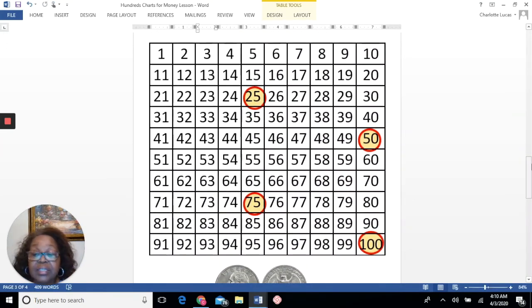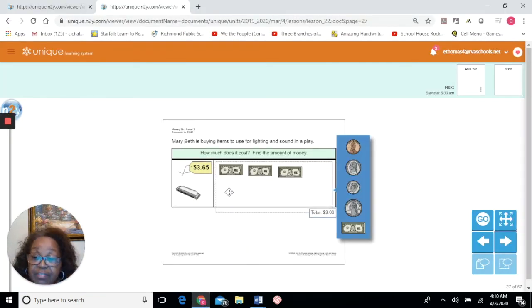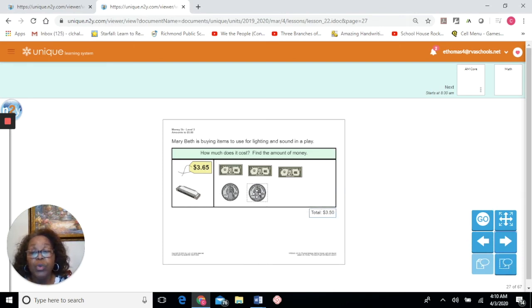quarters chart and skip count by 25. Let's see if we're able to do it. 65 cents. We've done that before. 25, 50. Can we use another quarter? Cannot.